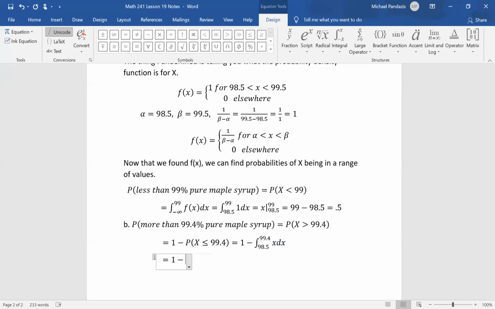And so this is equal to 1 minus x, this is a 1, right? So this is 1 minus x evaluated from 98.5 to 99.4. So this is 1 minus 99.4 minus 98.5.